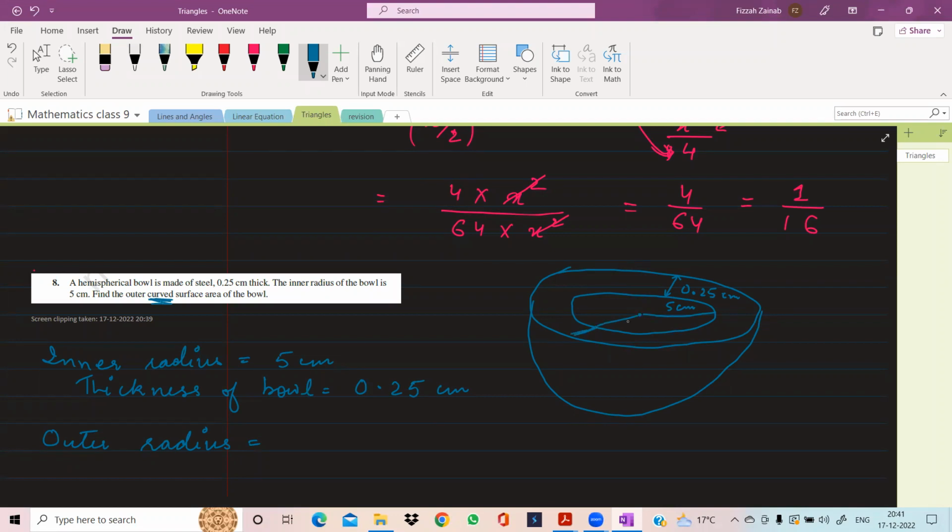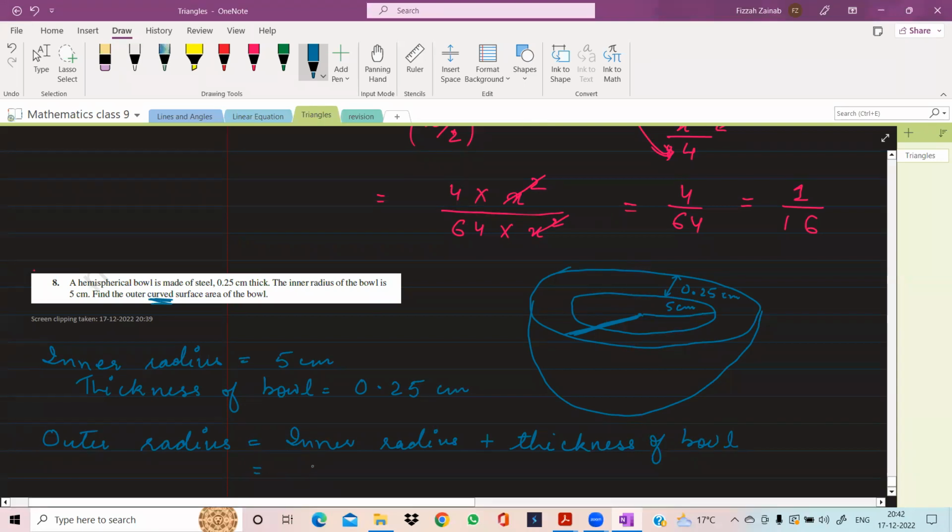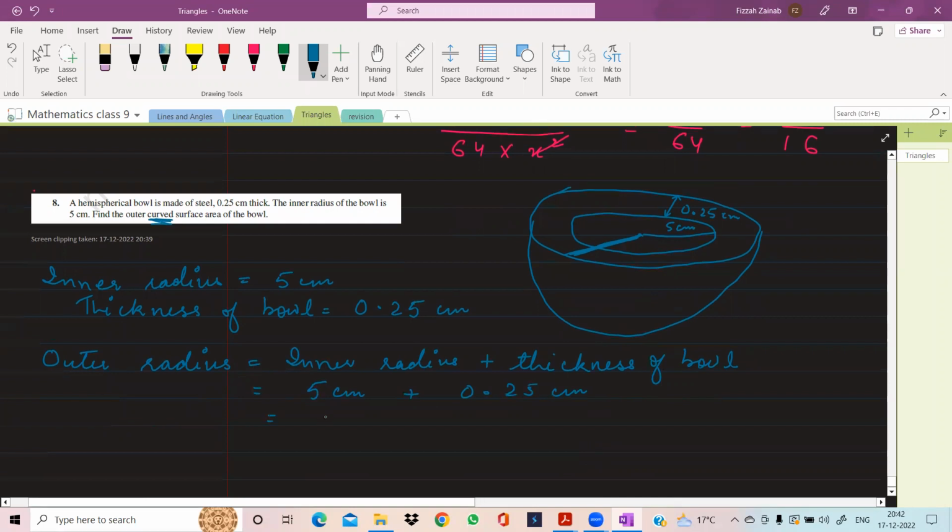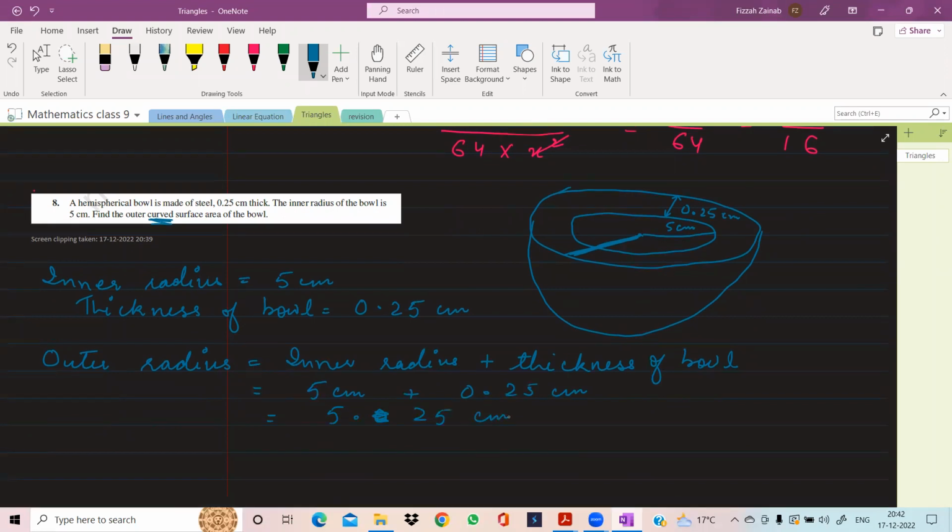And if you add this thickness, so this becomes your outer radius. Is that clear? Okay. So this is inner radius plus thickness. Now inner radius is 5 centimeter and thickness is 0.25 centimeter. So this becomes 5.25 centimeter. So outer curved surface area.